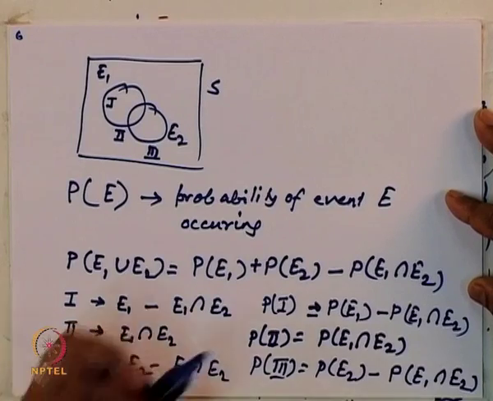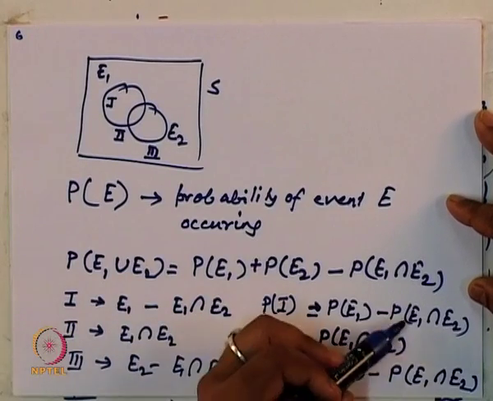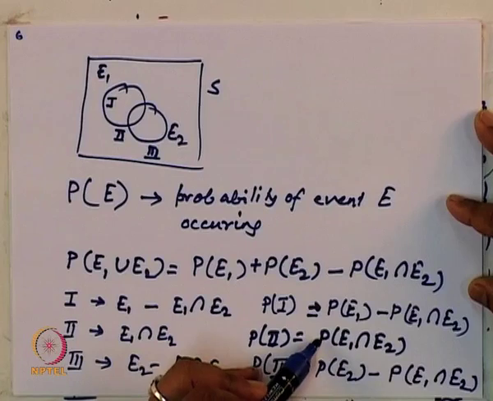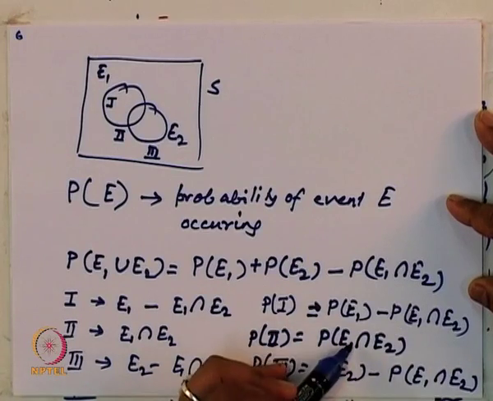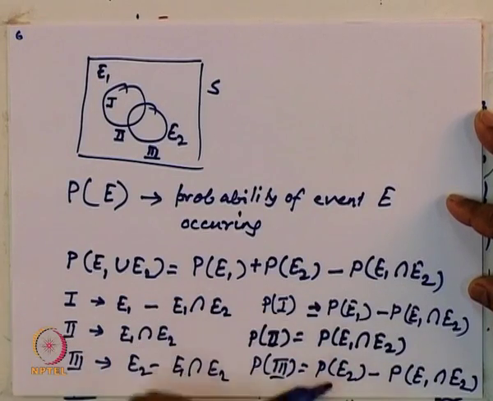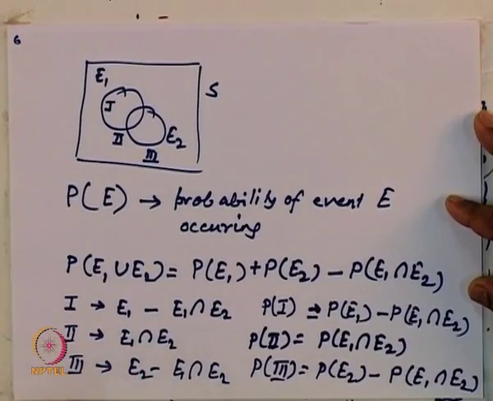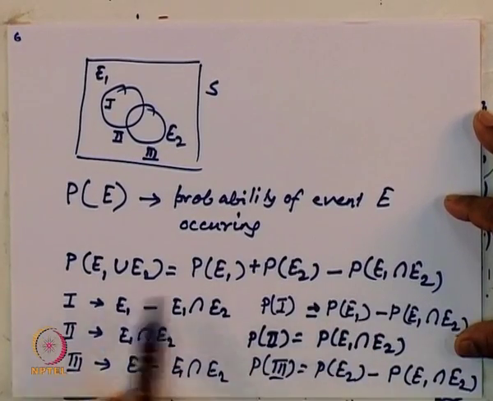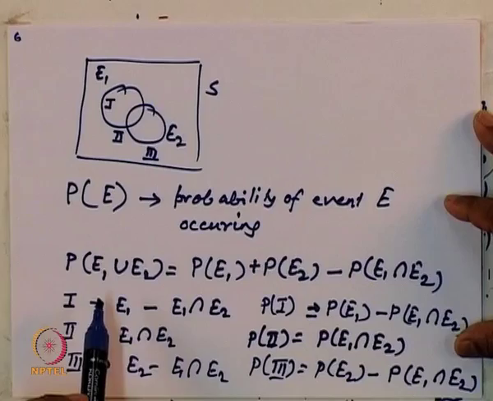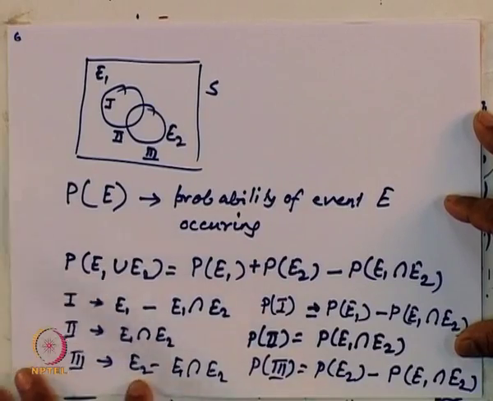If I add these 3 up, the negatives and the positive cancel, and you get P(E1) plus P(E2) minus P(E1 intersection E2). This is how you can compute the probabilities of composite events depending on how the events are defined.